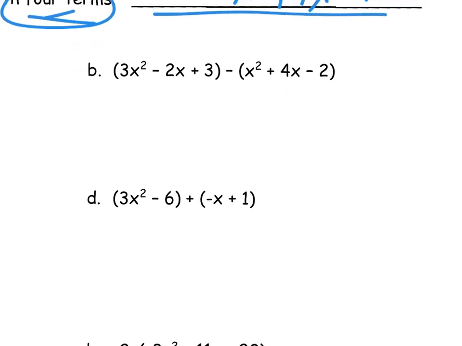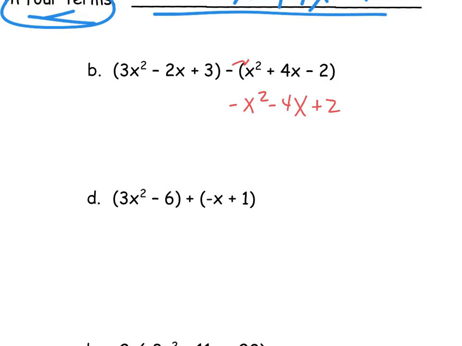Now this one, because there's a negative there, you're subtracting this. There's a couple different ways you can do it. Just run that negative through there. So that would be a negative x squared. So I'm just going to write minus x squared. That negative to the 4 would be a negative 4x. And minus a negative 2 is plus a positive 2. So basically just change the sign of all of them.